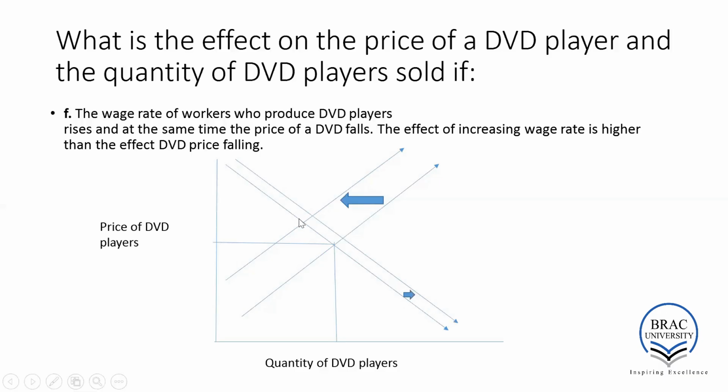So our new equilibrium point will be at the intersection of our new demand curve and our new supply curve. Our new equilibrium price will be here. We can see an increase in equilibrium price, and our new equilibrium quantity will be over here, and we can see a decrease in equilibrium quantity of DVD players in the market.